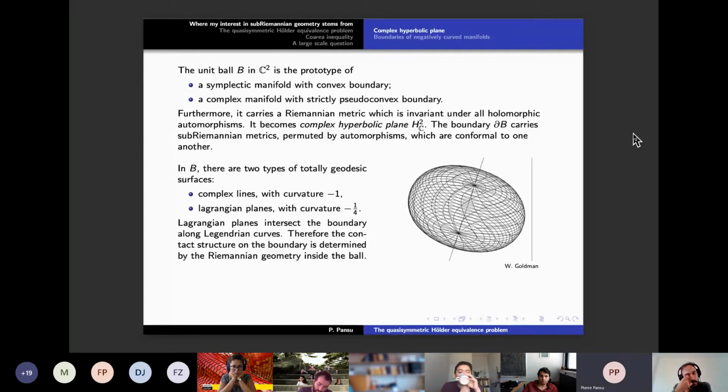Each Lagrangian plane intersects the boundary sphere along a curve which is Legendrian, whereas the complex lines intersect the boundary sphere along curves which are transverse to the contact structure.